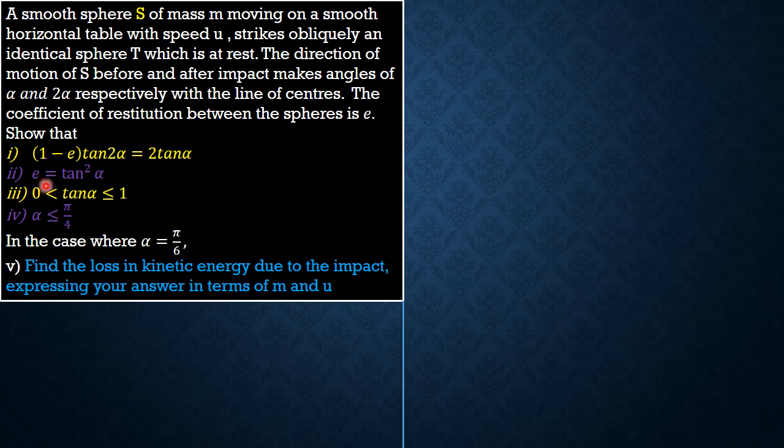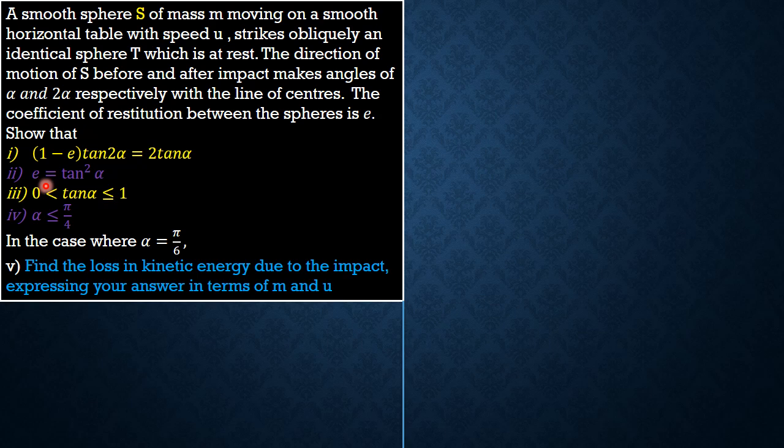Alright. So friends, let's start by picturing a scenario of the problem. We know that this question was based on oblique impact. In such a case, collision between spheres or between walls must always take place at some angle to the line of centers of the sphere, if it's for two spheres.